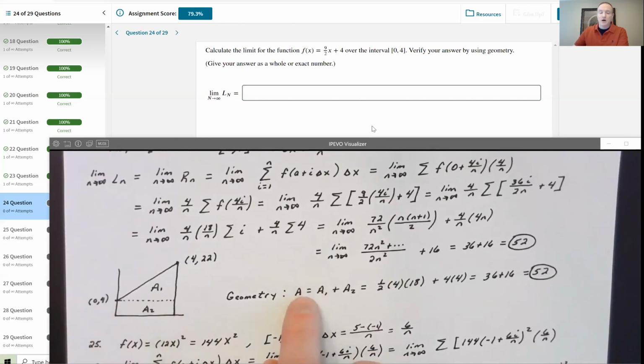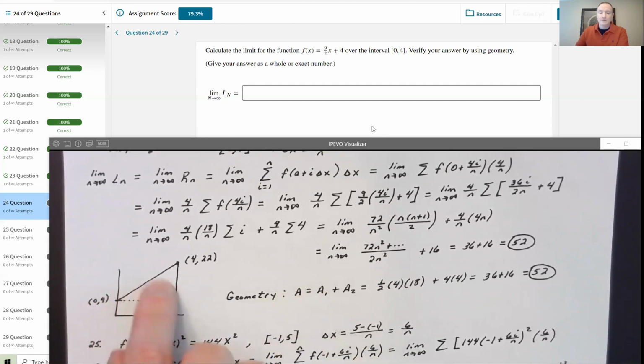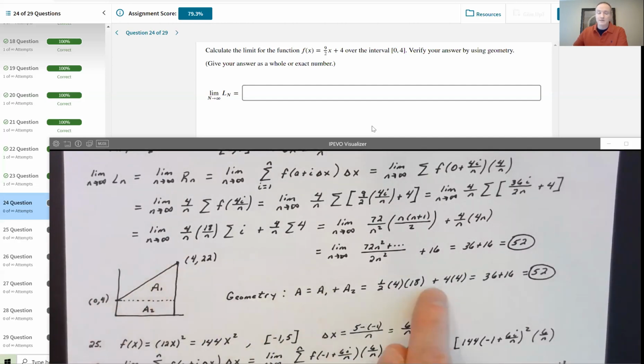So I said, well, the geometry, the area underneath the curve, it's going to be the area of A sub 1 plus A sub 2. I had to create two regular shapes that I could find the area for, so I separated it into a triangle and a rectangle. The base of that triangle is going to be 4, the height of it 18, so 1/2 times 4 times 18.